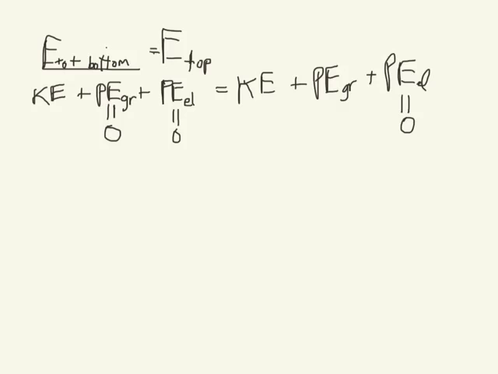And we're talking about the point at the top of its flight when it comes to a complete stop, so the final kinetic energy is 0 at the top. So we end up with the same thing. Kinetic energy at the bottom equals potential energy at the top. But this is a more thorough, more exhaustive, and technically correct way to approach the problem.